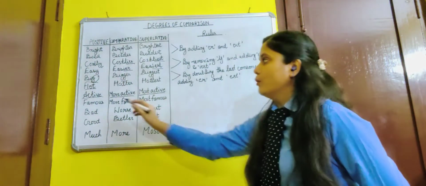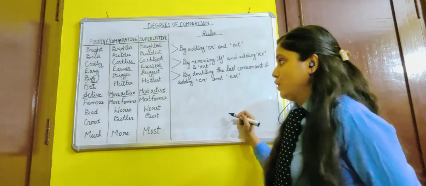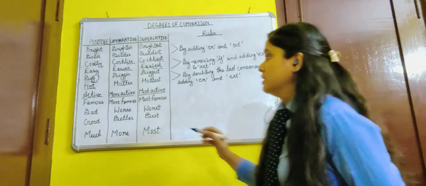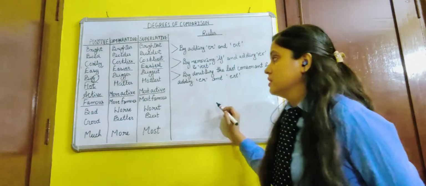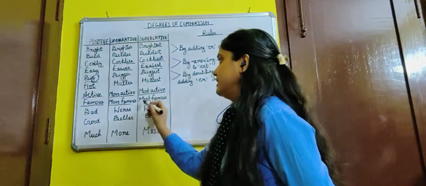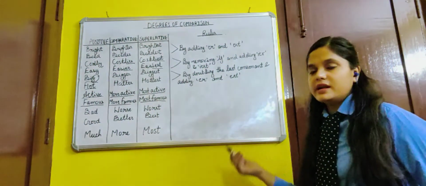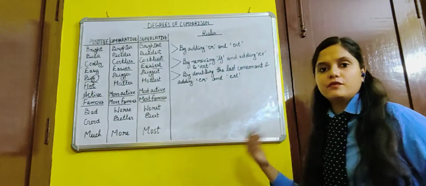We just add more and most before it respectively. So this is the next rule. As you can see in the next word also, famous. Its comparative and superlative degrees are more famous and most famous. We didn't make any changes in the word. We just add more and most before it.